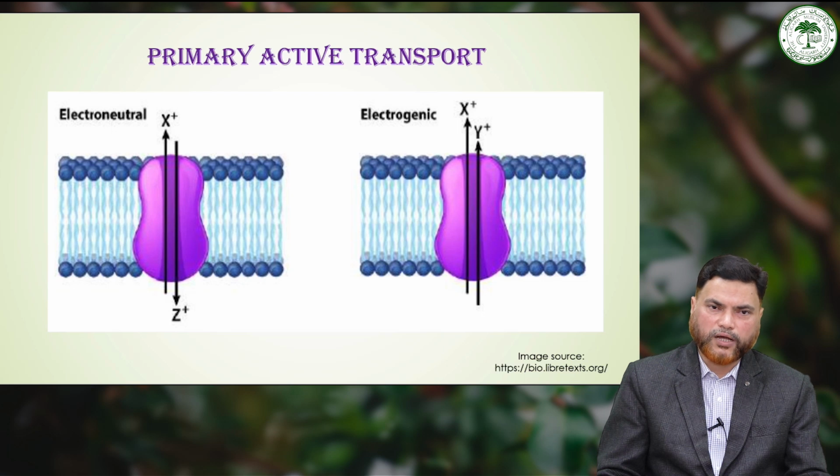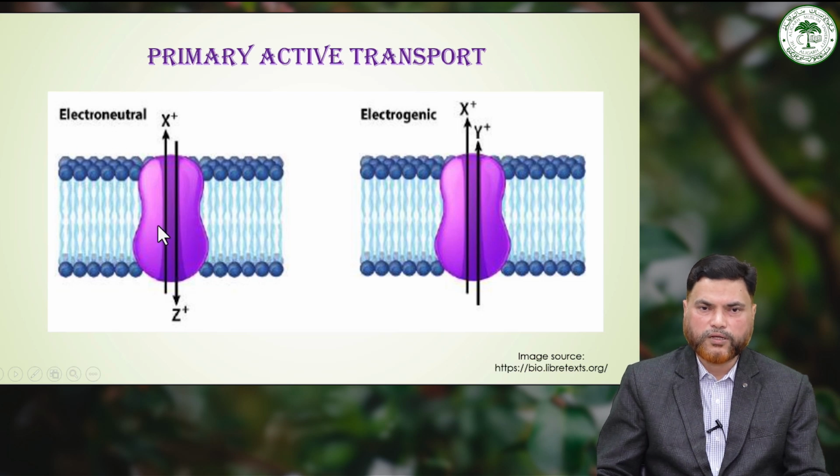Ion pumps can be classified into two types, namely electroneutral pumps and electrogenic pumps. First, the electroneutral pumps transport ions without resulting in a net movement of charge across the membrane. So basically the charge does not change.